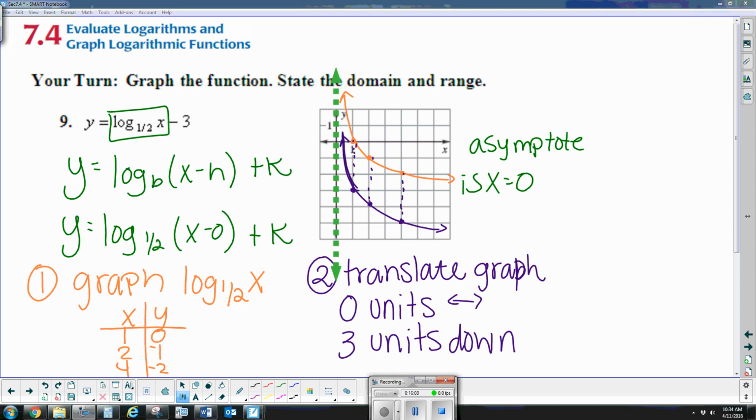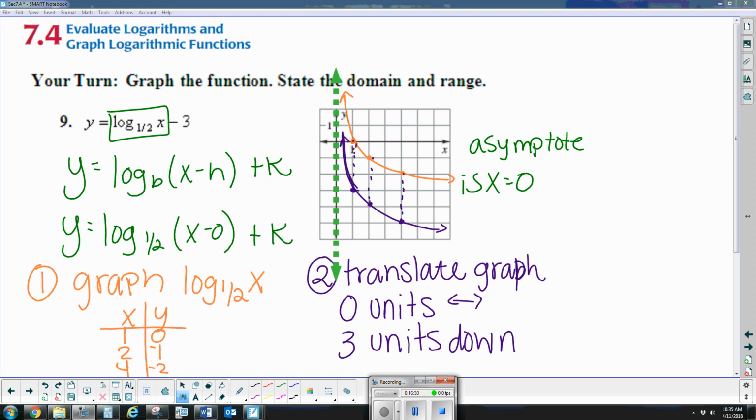All right, so again, you're going to want to choose a few convenient points. So we're going to choose when x is 1, when x is 2, and when x is 4. And then you can evaluate your y, 0, -1, and -2. Then plot those points. And then you have a translation here.